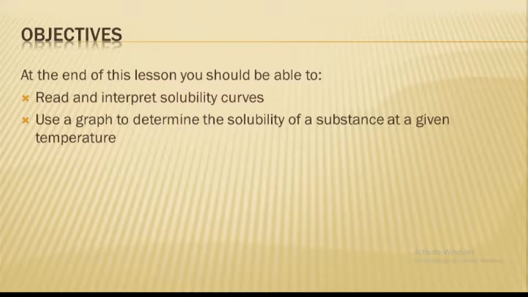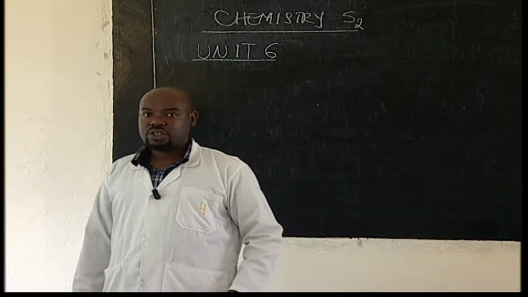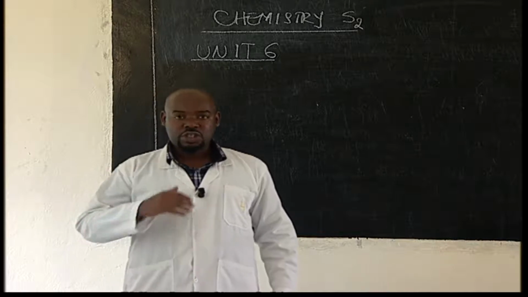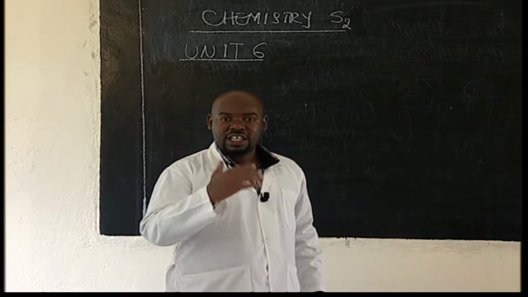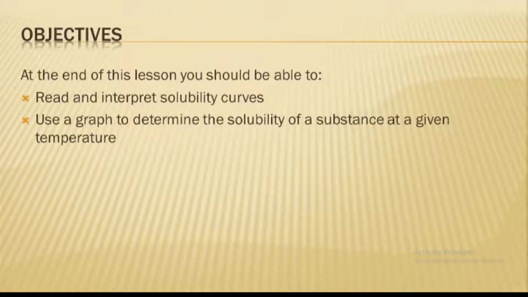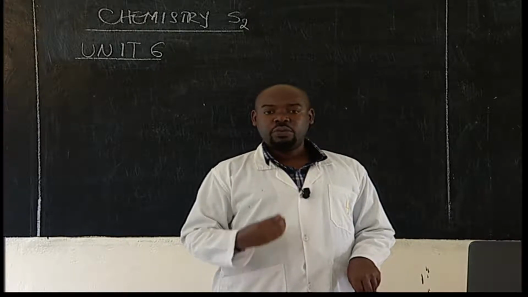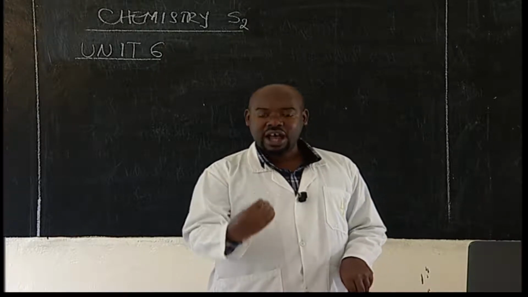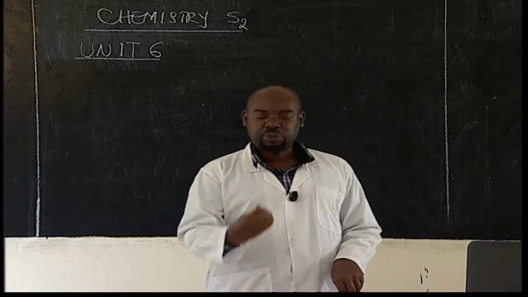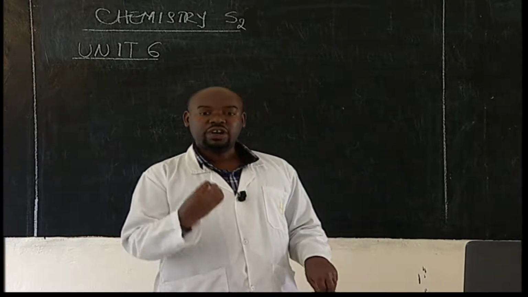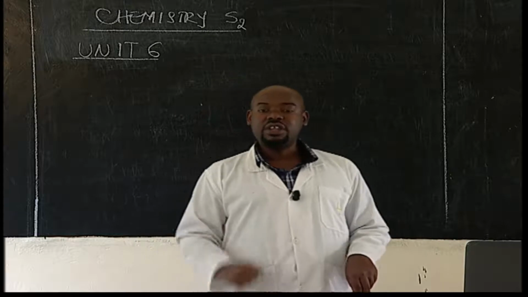And you will use the graph to determine the solubility of a substance at a given temperature. So if the solubility curve can give different values of solubility at different temperatures, then from the curve, you can determine the approximate solubility of a given substance at a given temperature.